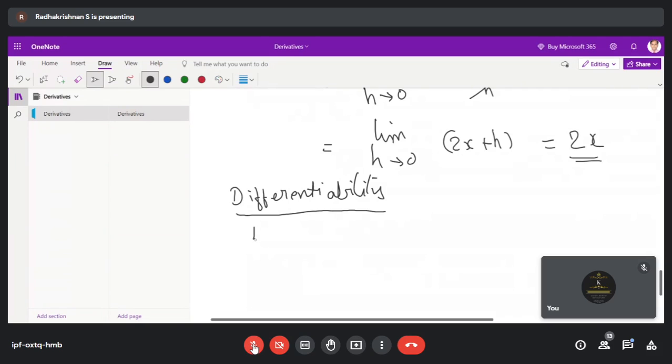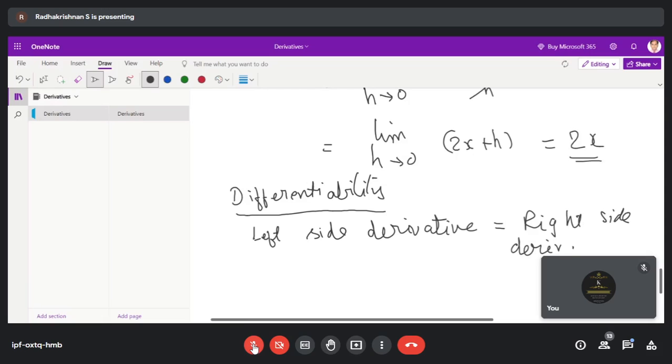So for that we have to find the left hand derivative. Let's say left side derivative should be equal to right side derivative.